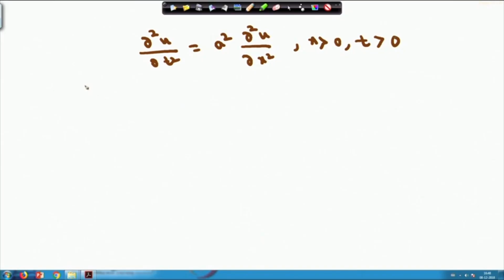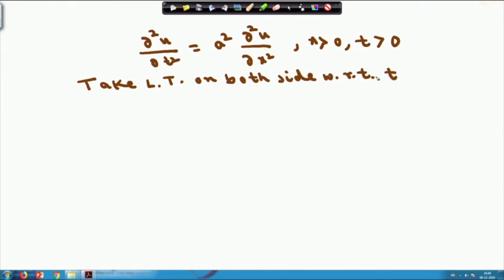Now, you take the Laplace transform on both sides with respect to t. You may ask why we are not doing it with respect to x also. With respect to x, whether it is satisfying the initial conditions or not, you have to check. With respect to t, the initial conditions, whatever has been provided to us, we can use, and we can find the solution.